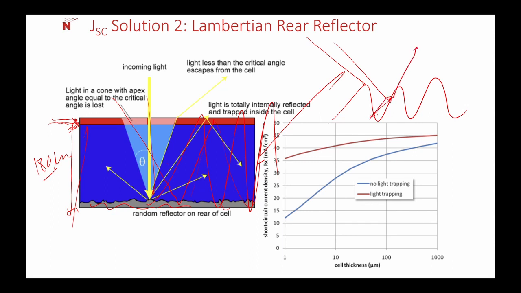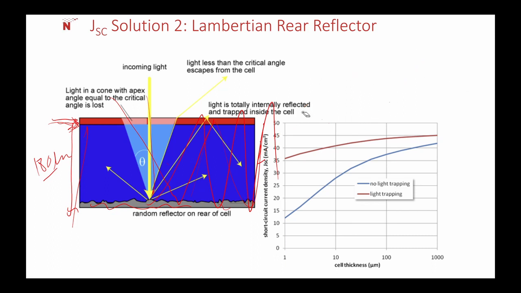Like this we can increase the effective optical path of the light, so ultimately it will be absorbed inside the semiconductor, which will increase the efficiency. It will increase the current, because it will increase the number of electron hole pairs generated by the absorption.